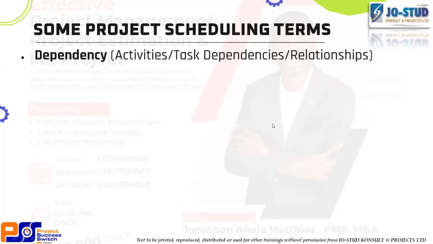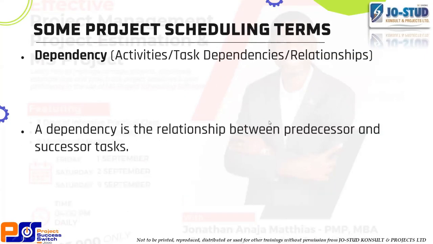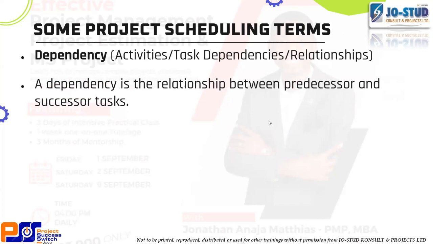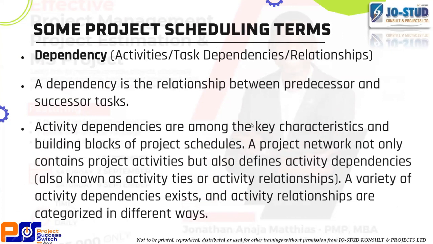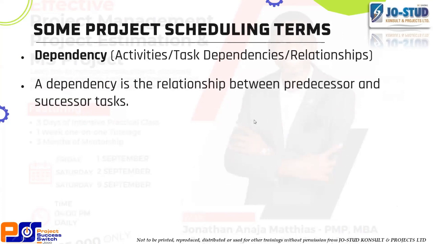Now, another term you need to know is dependencies, right? Activities and task dependencies. A dependency is the relationship between predecessor and successor. Now you understand what a predecessor is and what a successor task or activity is. They must exist in relationship.